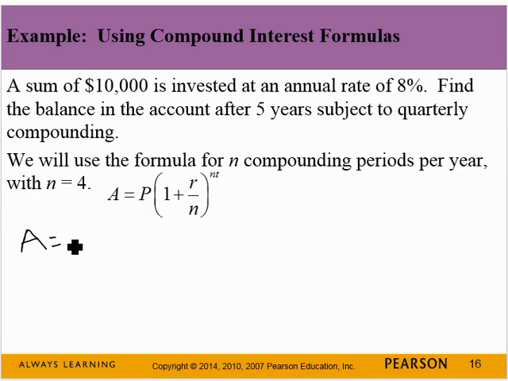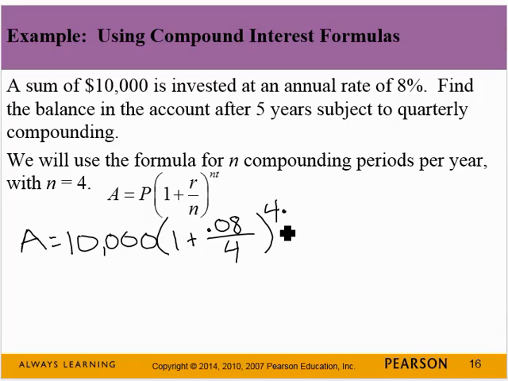You invested $10,000, so that's your P, times 1 plus, and our rate is 8%, so that's 0.08 because we want it in decimal, over n, which is 4, raised to the 4 times your time, which is 5. If I simplify 1 plus 0.08 divided by 4, I have 1.02, and 4 times 5 is 20.